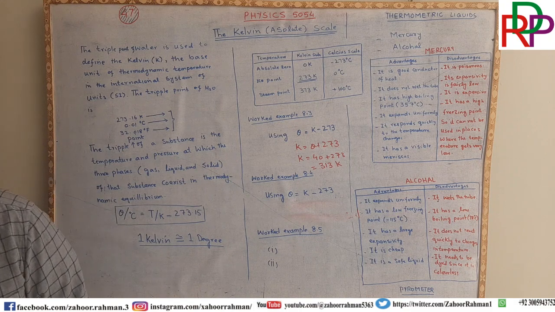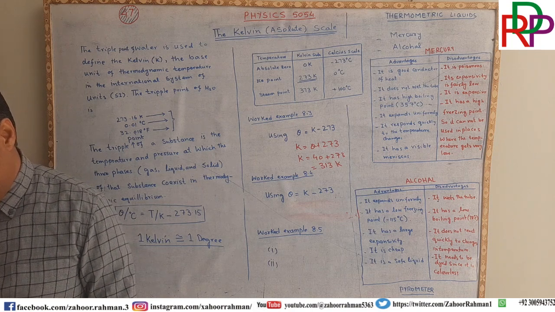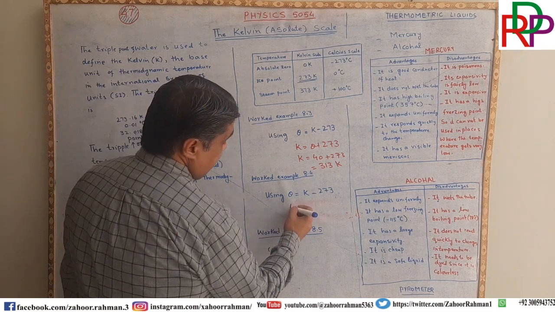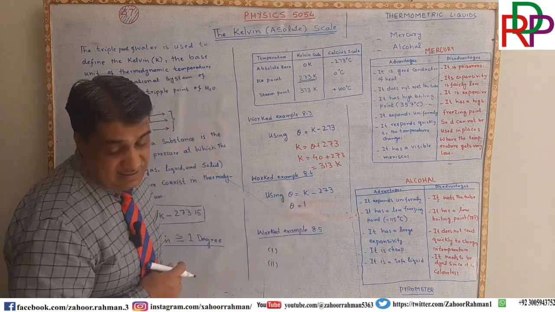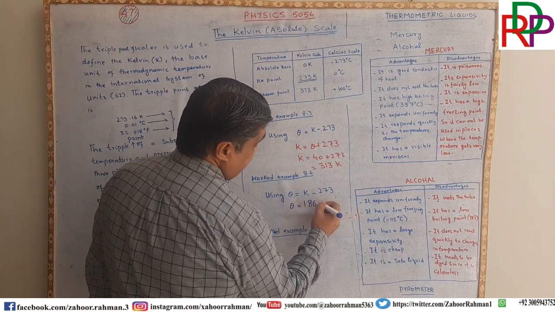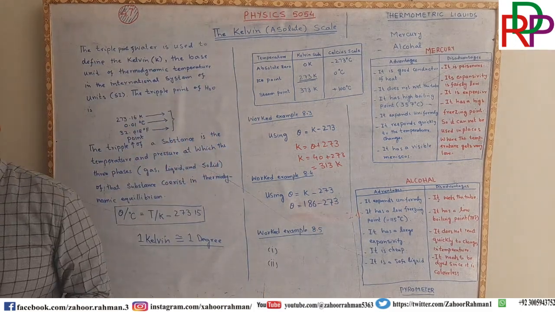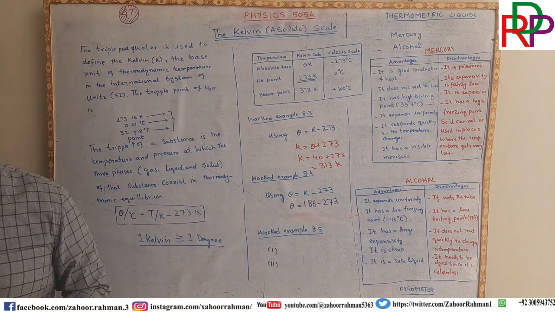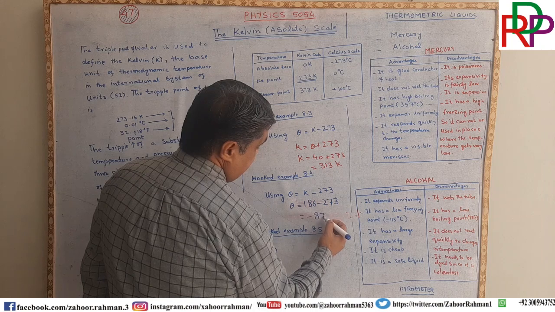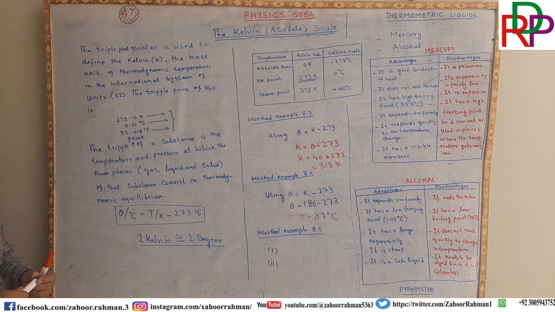Now in this case we have to do another thing. They are saying the temperature in the Antarctic during midwinter is found to be 186 Kelvin. So we have to put 186 Kelvin minus 273, and that comes out to be minus 87 degrees Celsius. They want us to convert that to Celsius.